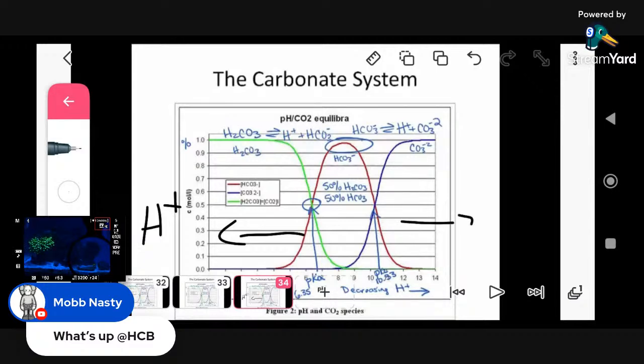And going this way, it's considered basic, with the OH. That's the pH scale. And within the pH scale, there's also this system called buffers.